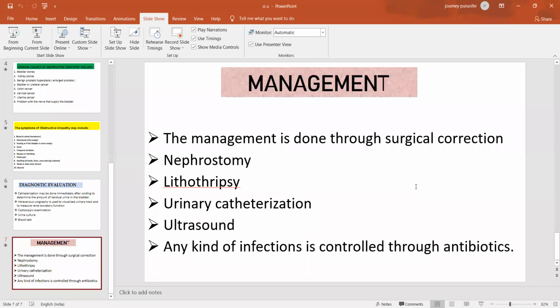If any kind of infection is found because of that obstruction, then you can control that infection with medication known as antibiotics. These were the management, and I already explained everything one by one. What is nephrostomy? What is lithotripsy?